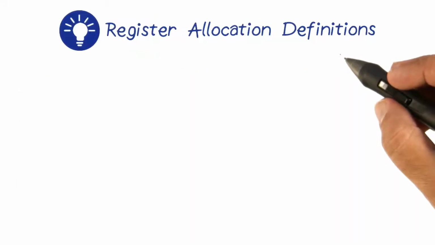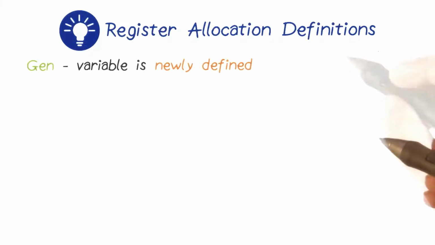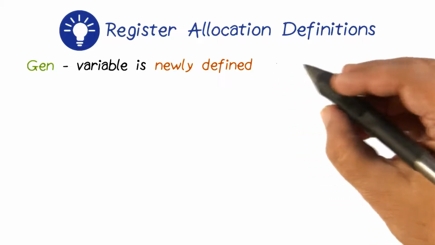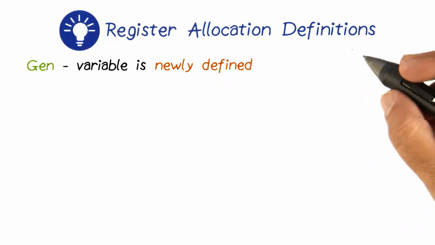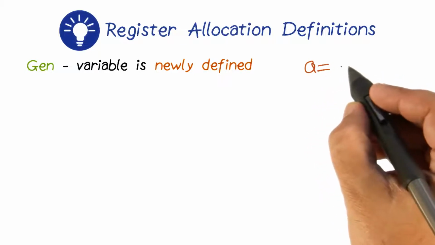Before we get into a detailed discussion of register allocation, let's review a few fundamental definitions that you must have seen earlier in the data flow analysis for liveness. These definitions are applicable to the variables that are getting defined. That means we have statements such as A is equal to such and such.